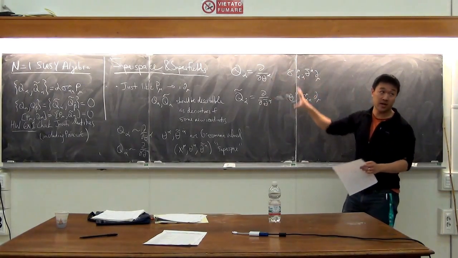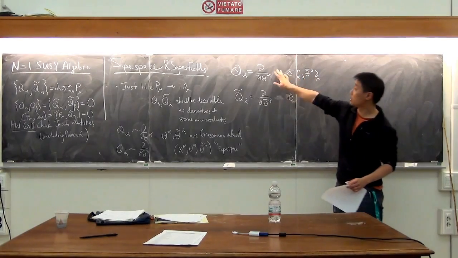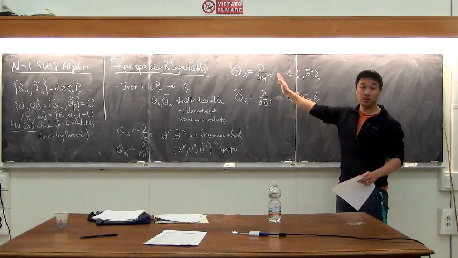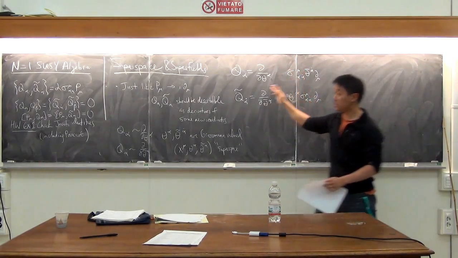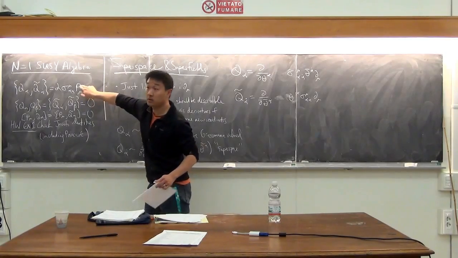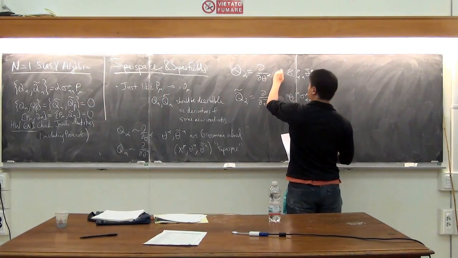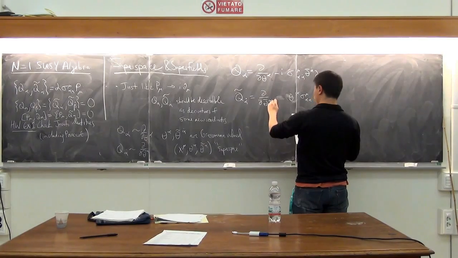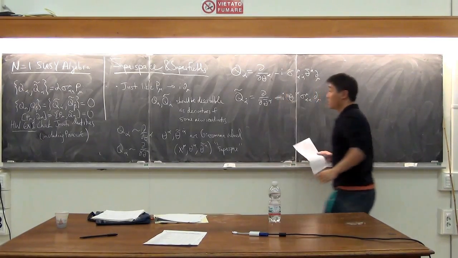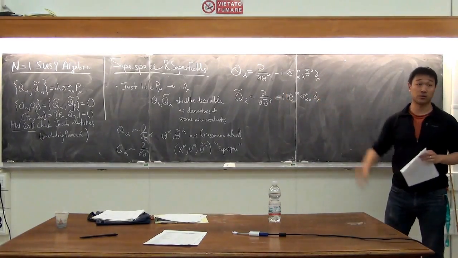So this is a cast of characters, okay? And the linear combination that I have to make here is dictated by getting this anti-commutator right. And so it turns out that I should put in minus i here, and minus i here, and then I get those anti-commutators.